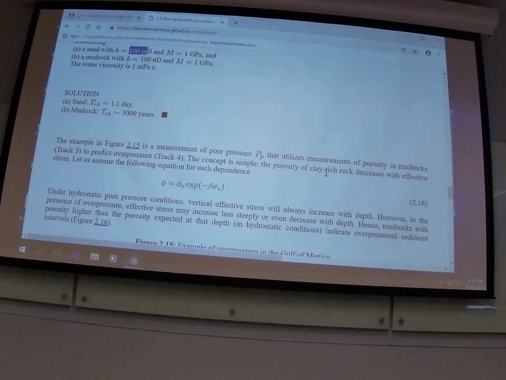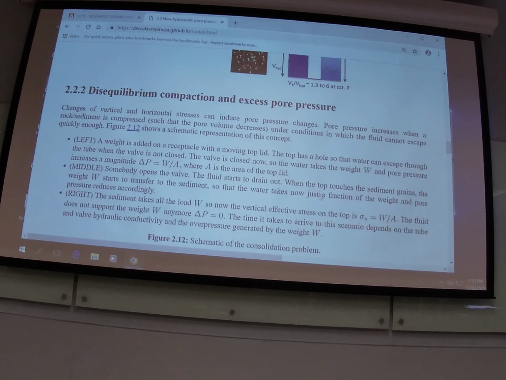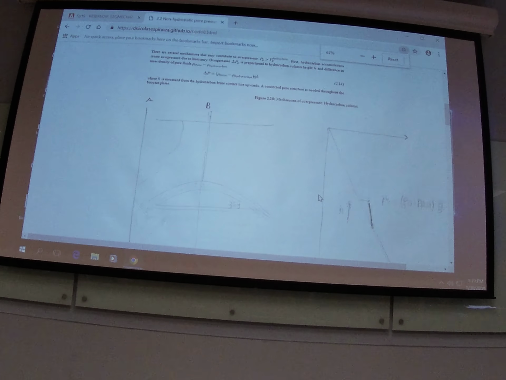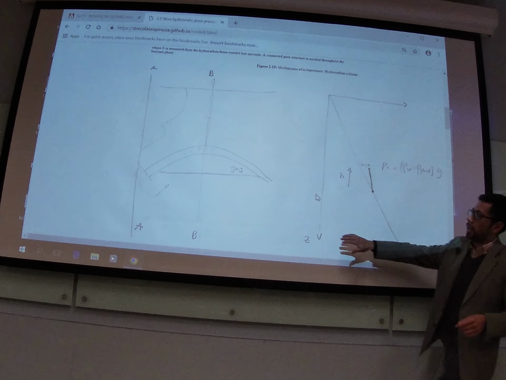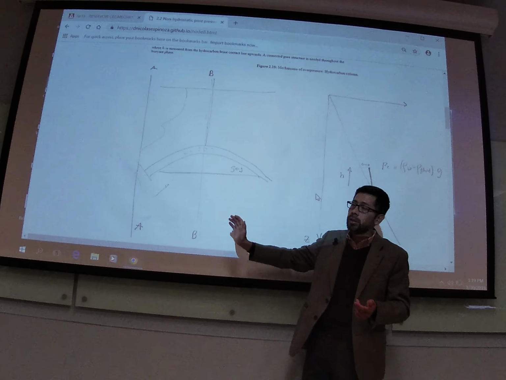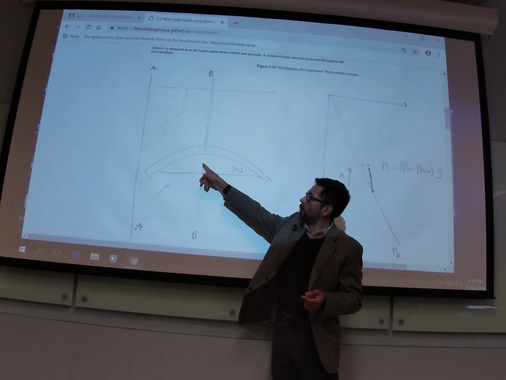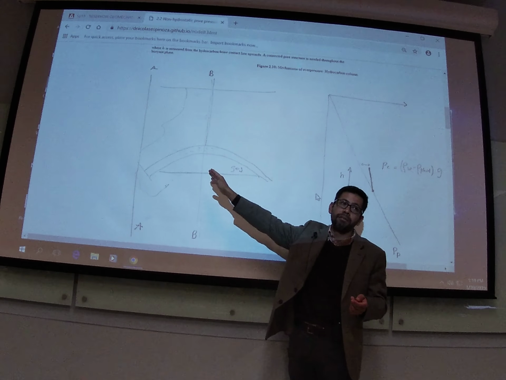Second thing, another very common cause of overpressure that I didn't mention in my notes, but you can see it over here. It's basically when you have a column of fluid with a different density. For example, let's say that we have a reservoir which is filled with gas because of buoyancy, it goes up, and as you go through this part of the rock, the density of the gas is going to be different.